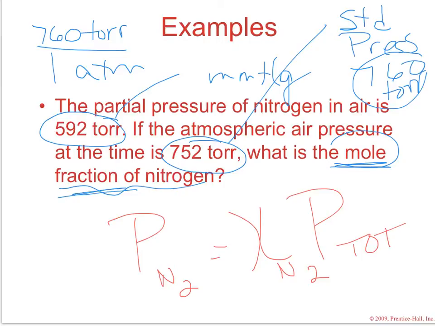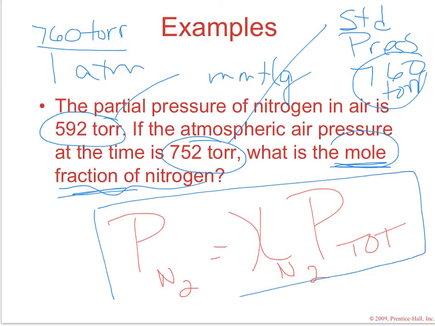Okay? So if you rearrange this equation, you can solve for mole fraction, which is what this problem is asking for. If you rearrange that to solve for mole fraction of nitrogen, it would tell you the mole fraction of nitrogen is simply the partial pressure of nitrogen divided by the total pressure of the gas mixture. I'll go ahead and solve that on the next page.